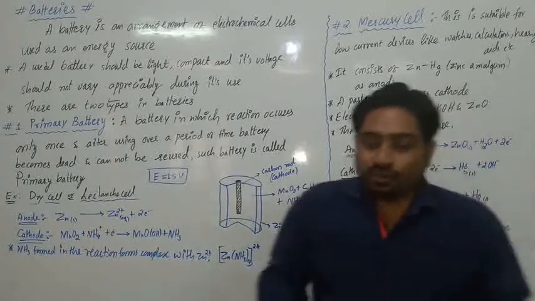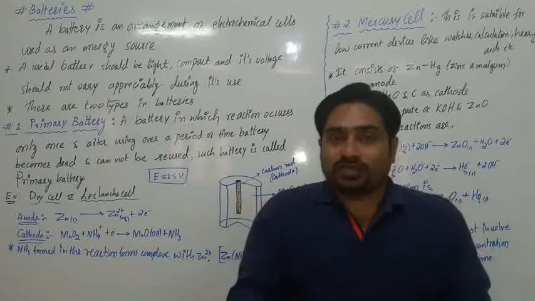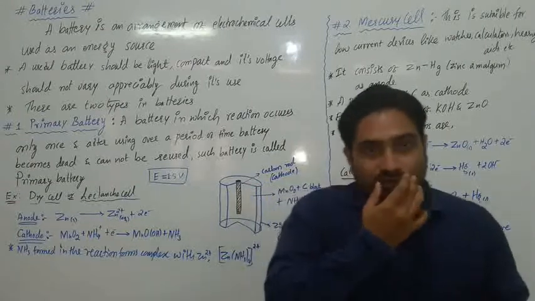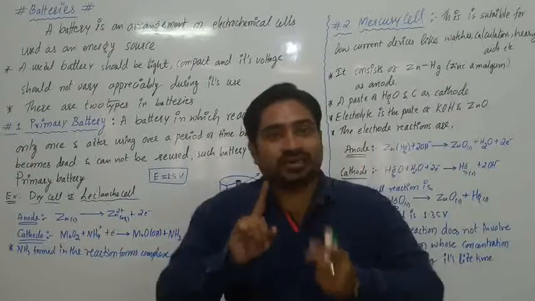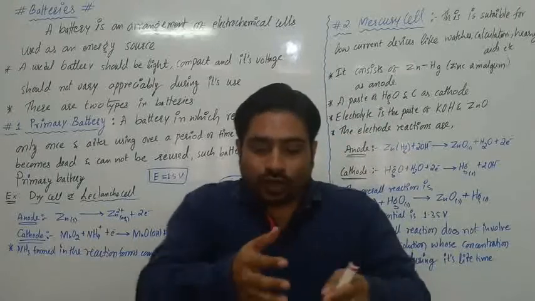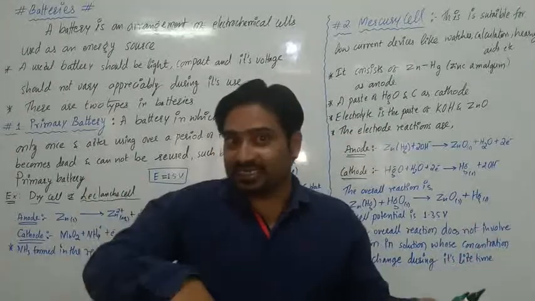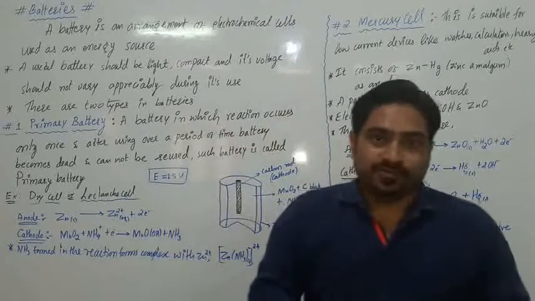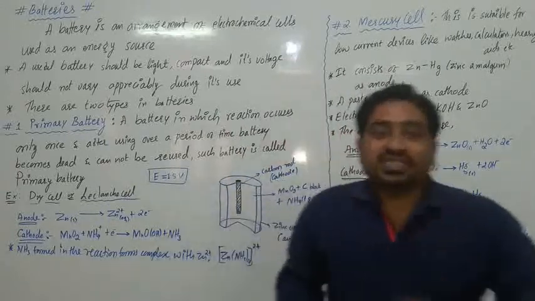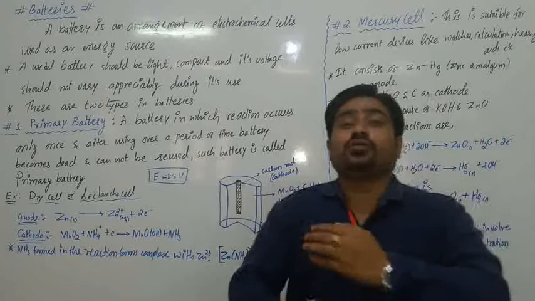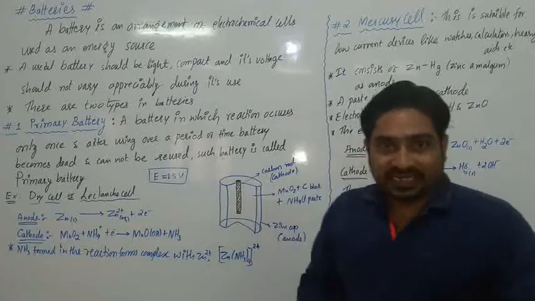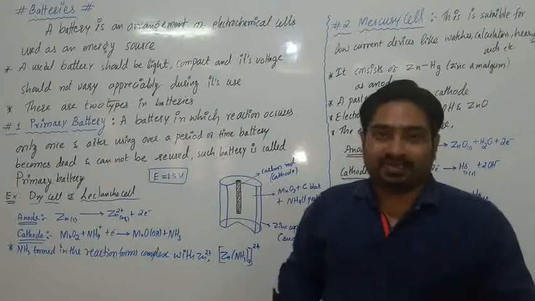The combination of two half cells forms a cell. The combination of a large number of cells connected in series is called a battery.